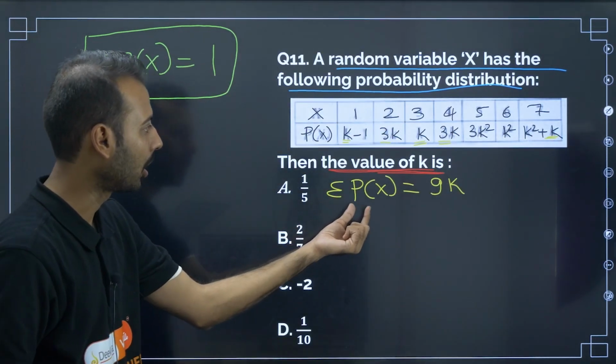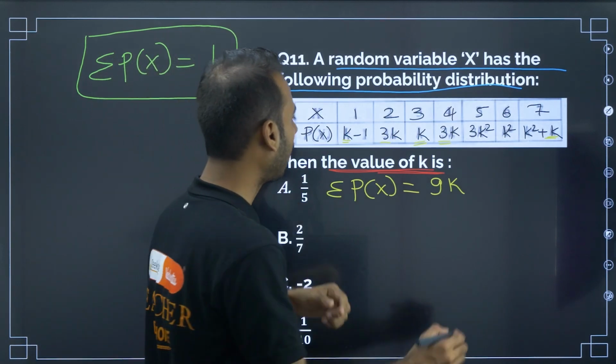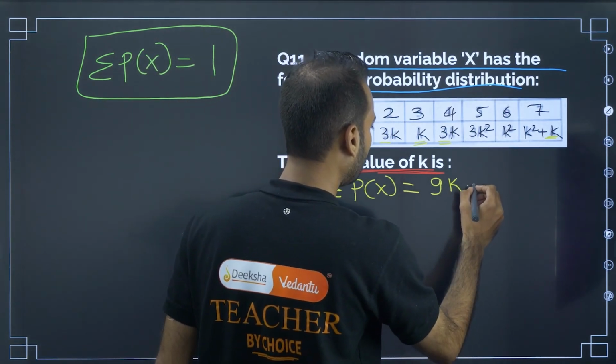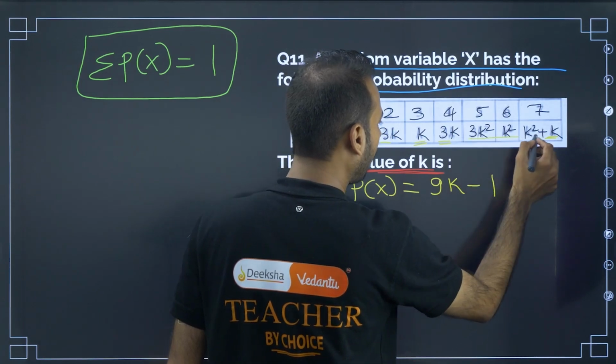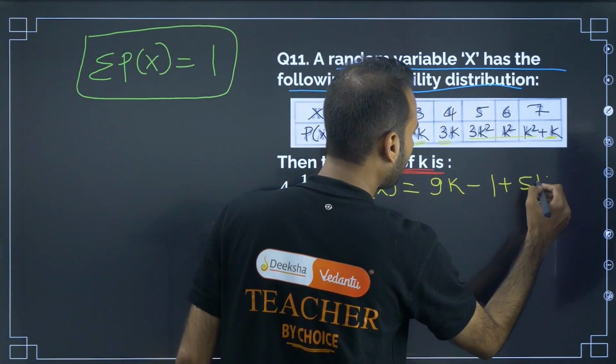Next, minus 1, I am keeping minus 1 only, then 3k square and 5k square, totally 5k square.